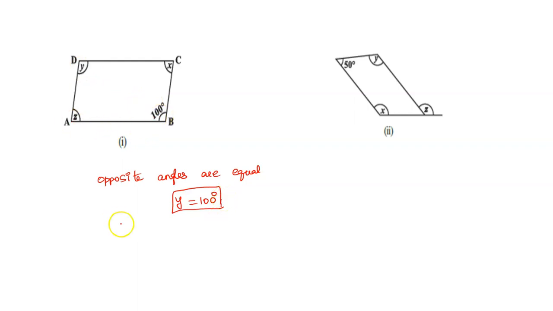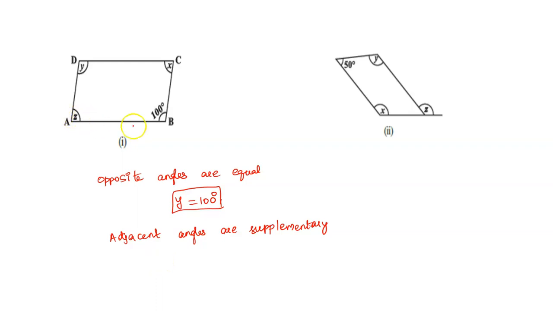And again, adjacent angles are supplementary. That is, when we add two adjacent angles, we will get 180 degrees.